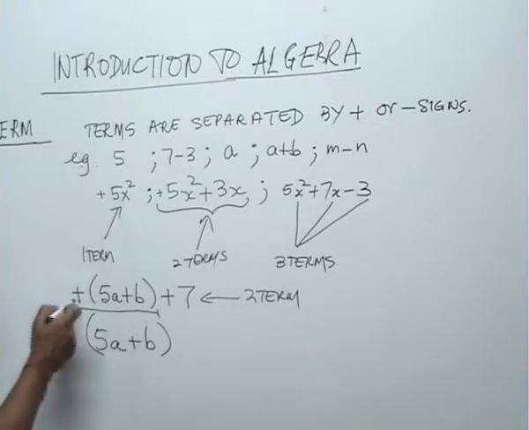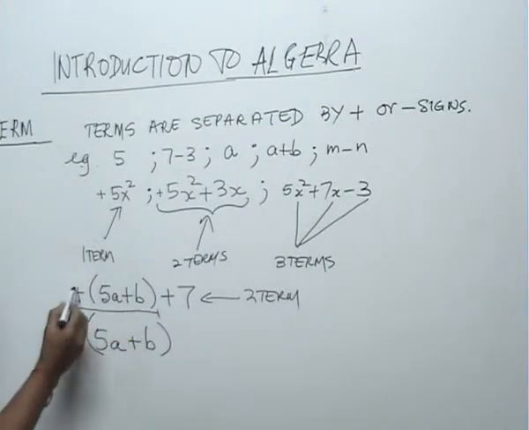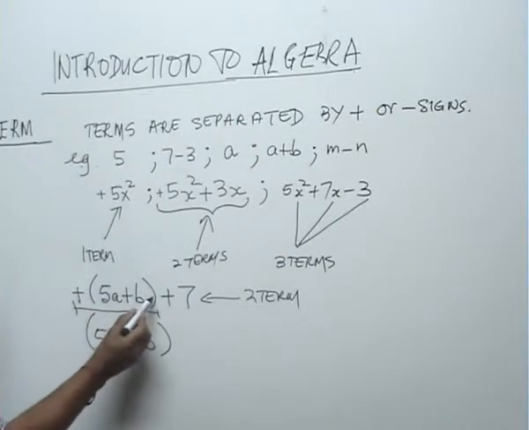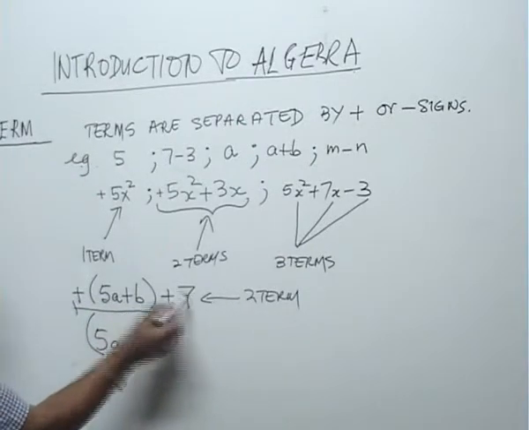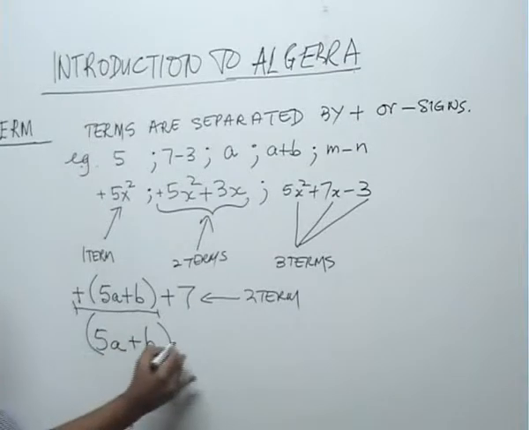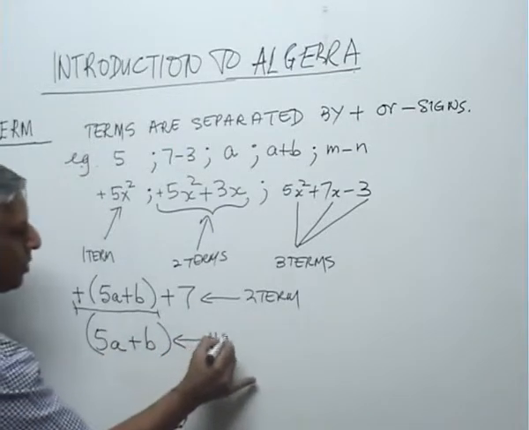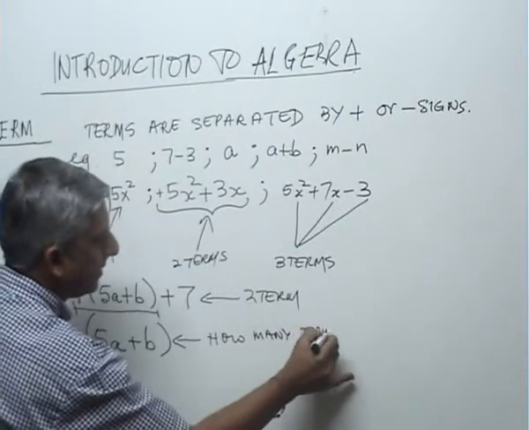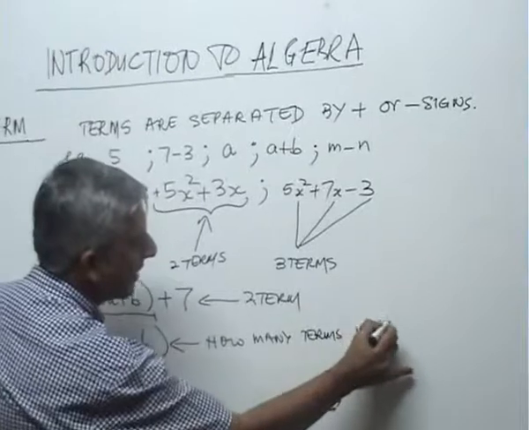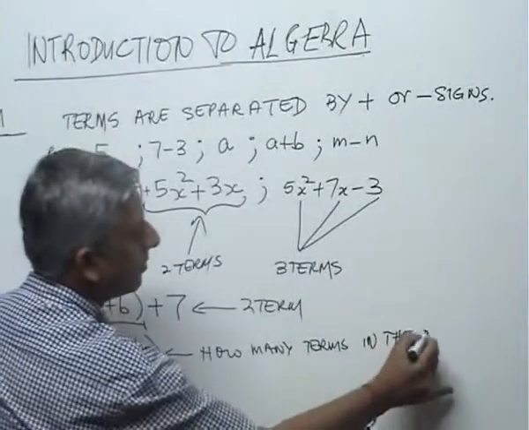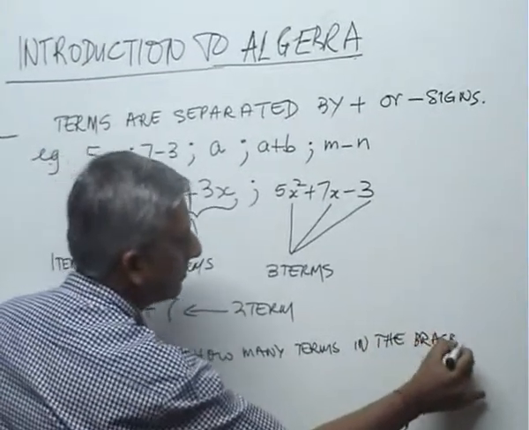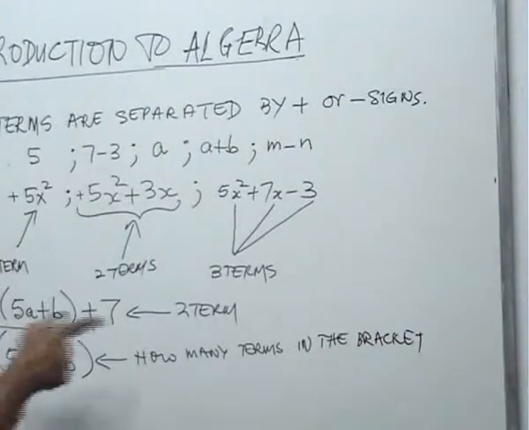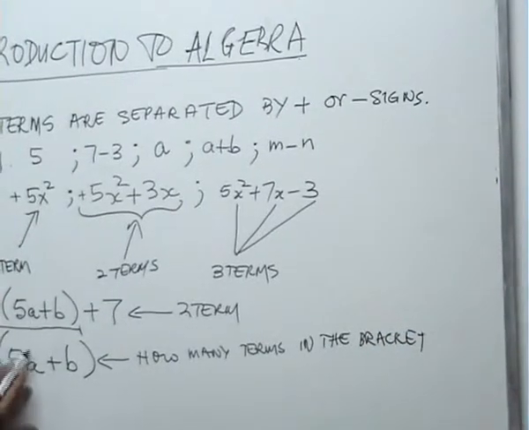So watch the English. If we ask you how many terms here, we never said inside the bracket, we just said how many terms. So from here till there will be one term, and from there till there will be another term. But if I ask you how many terms in the bracket, that means you must look inside here.